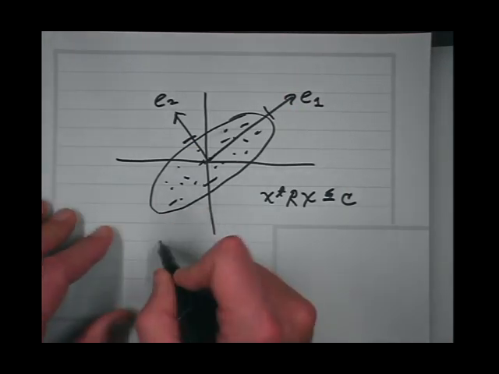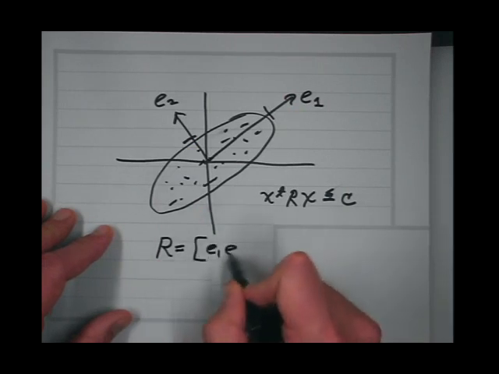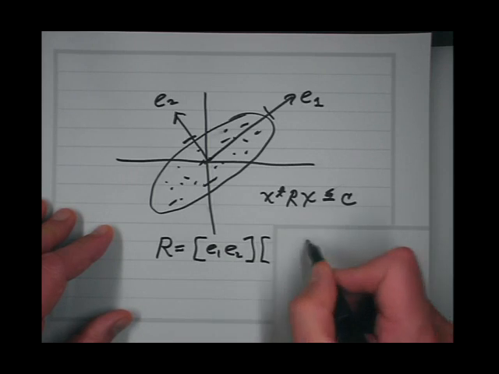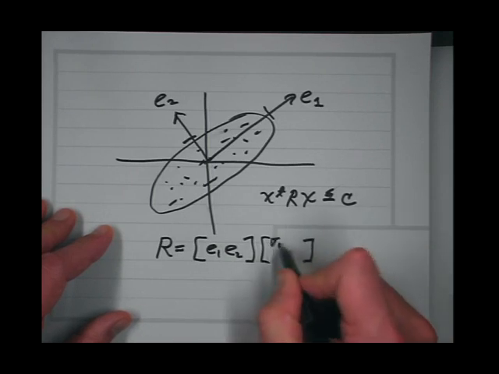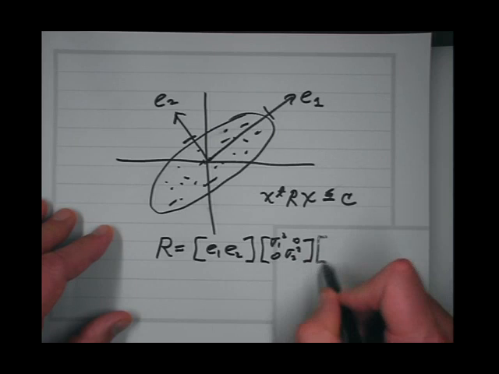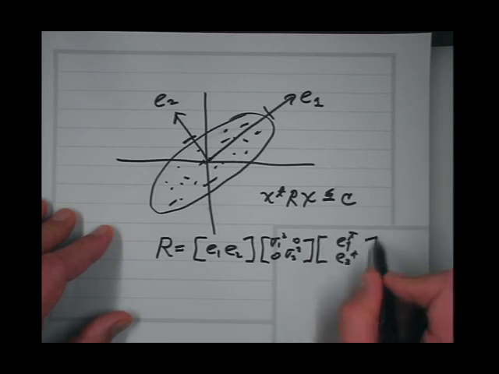So you can write this matrix R as [E1, E2] times the diagonal matrix with sigma 1 squared and sigma 2 squared, times [E1, E2] transpose.